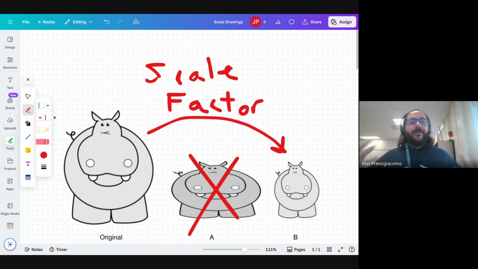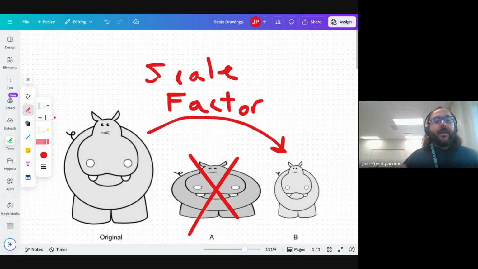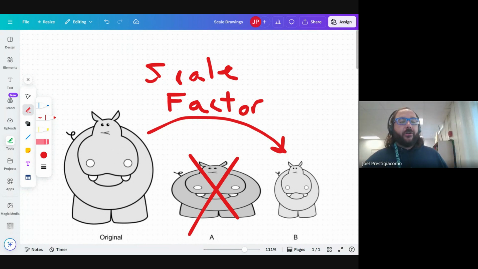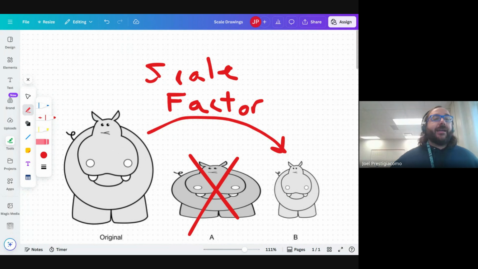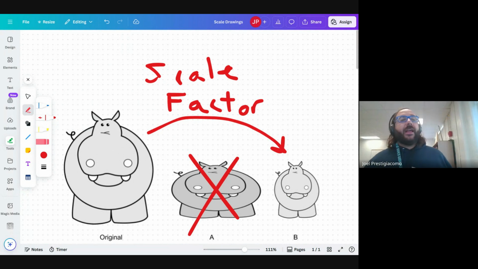This is a number that we multiply by to get our result. If we want to enlarge something, for example, we would multiply by 2. You would say 2 times larger, or 3 times larger, or 10 times larger. We can have any of these numbers.